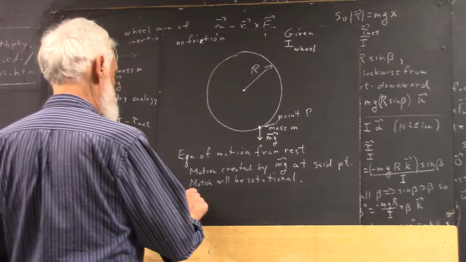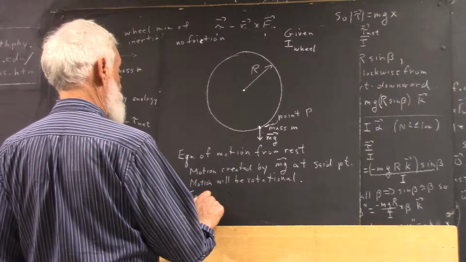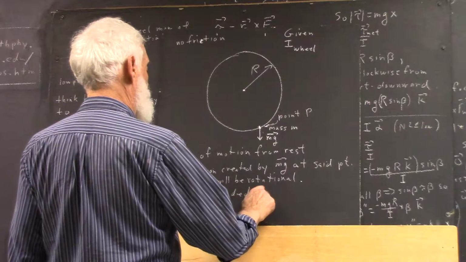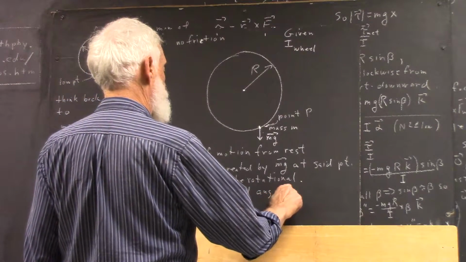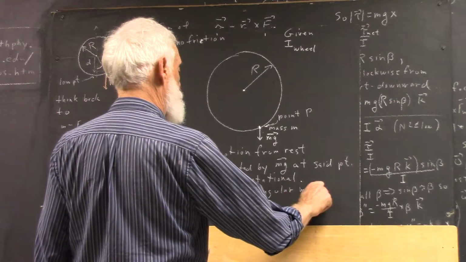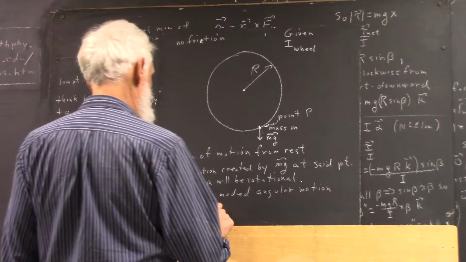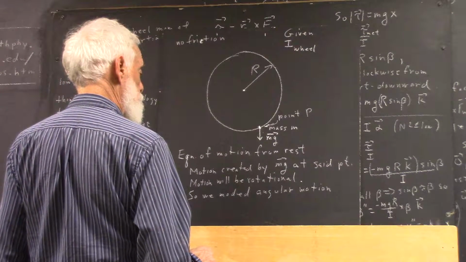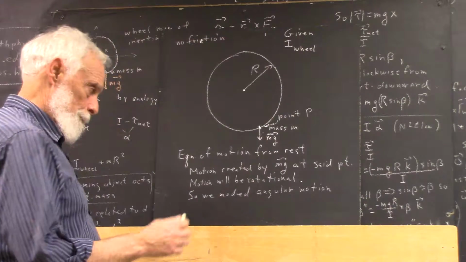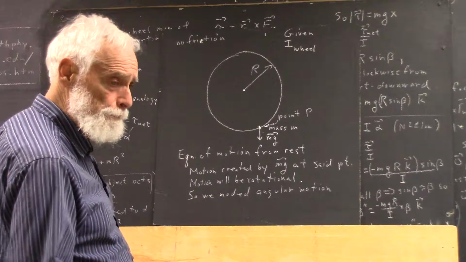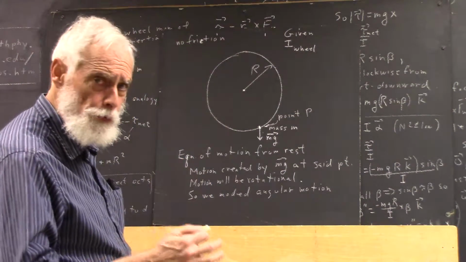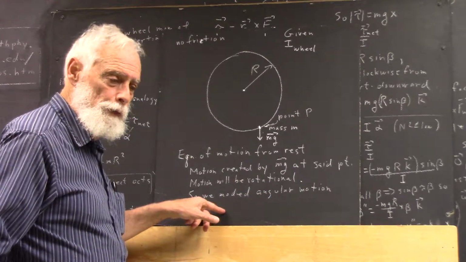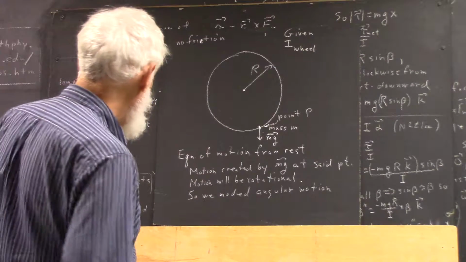So we model angular motion. And that's going to give us, I'm wanting to say theta of t, but I've chosen not to use theta here. So we'll see what that gives us when we do a little more labeling, okay?